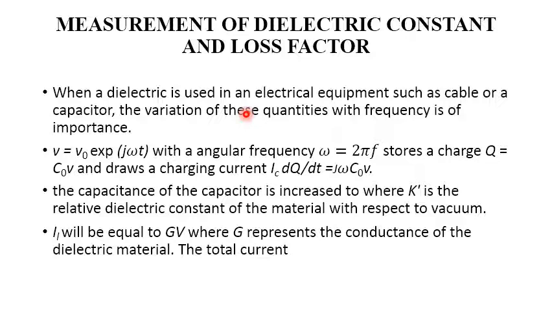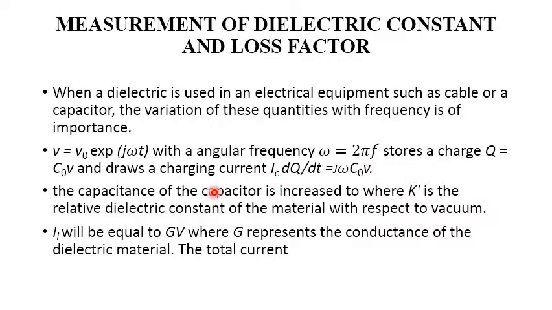Let's consider a capacitor connected to a sinusoidal voltage of the form V = V0 e^(jωt) with angular frequency ω = 2πf. This stores a charge q = C0 V, where C0 is the initial value of the capacitance, and draws a charging current IC = dq/dt = jωC0 V.